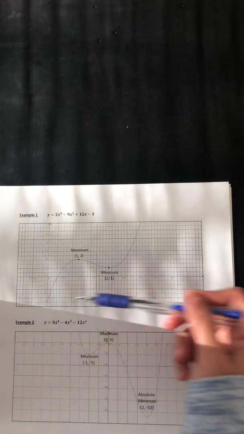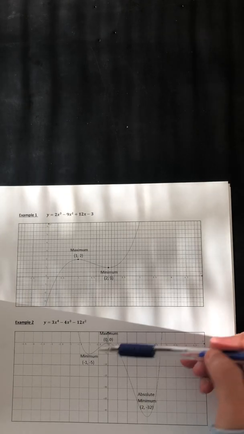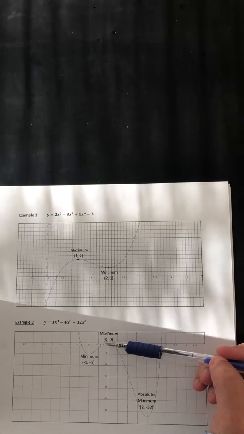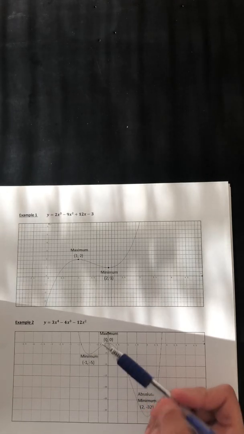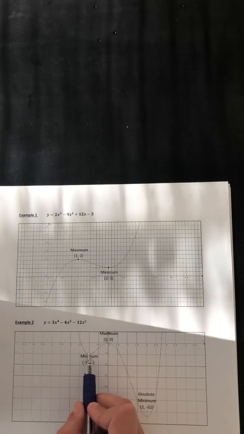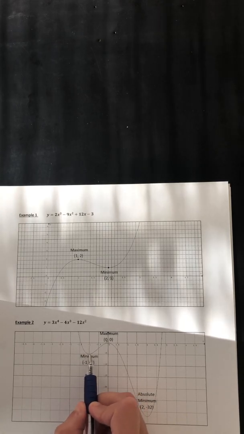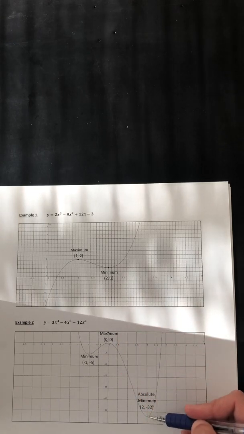We're looking at the lower graph now. This is for the example we just completed. Do we have a maximum point at 0, 0? Indeed we do. At 0, 0, we are at the top of that hill. Do we have a relative minimum point at -1, -5? Yes, that's right here in the graph. It's the lowest point of that valley. But there is a lower valley down here.